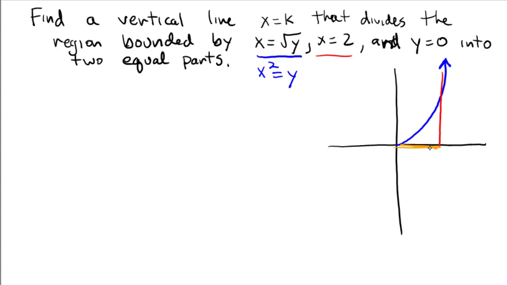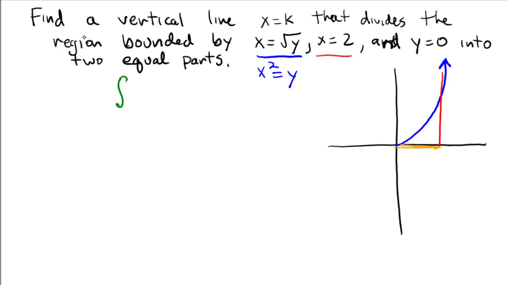Okay, so first, if we want to cut this into two equal parts, let's first figure out the region's area altogether. To do that, let's do an integral. I guess green.